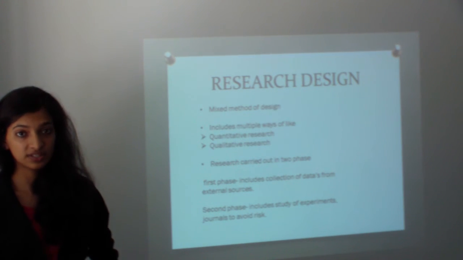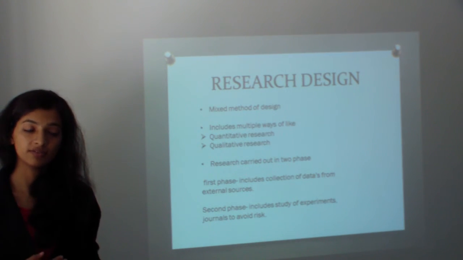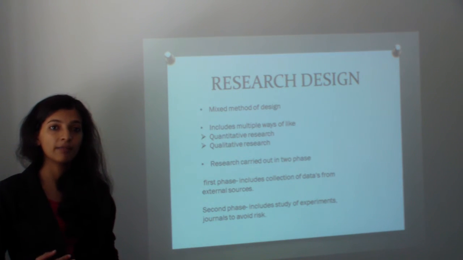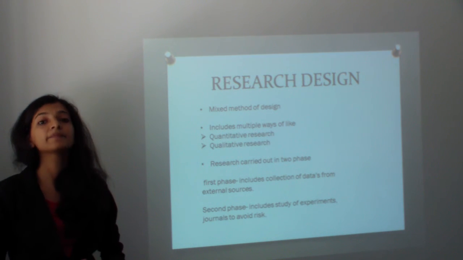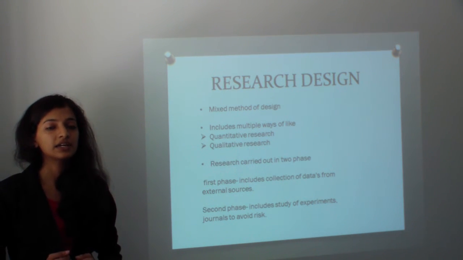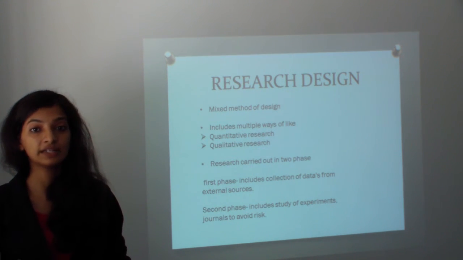Next is the research design. How I did my research. The way I did the research is by mixed method of design. Actually, it is a multiple way of designing. It includes the quantitative and qualitative research. And my research was done in two phases.